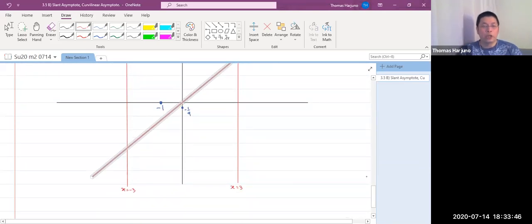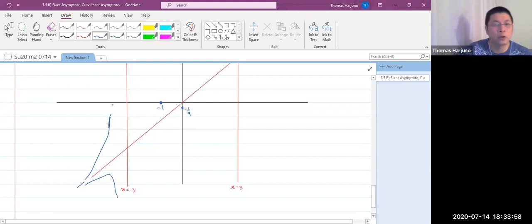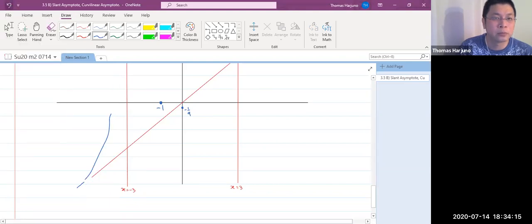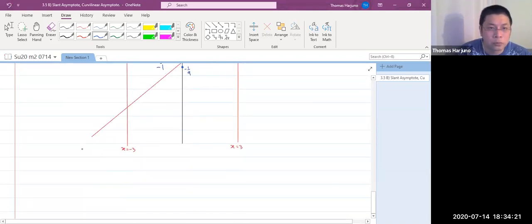Now, we know that we will come from the slant asymptote in this case. The thing is, will that go up or will that go down? If it goes up, then we must have an x-intercept here, which is not the case according to our computation. So no, it's not that one. It must be the one from below, going down.